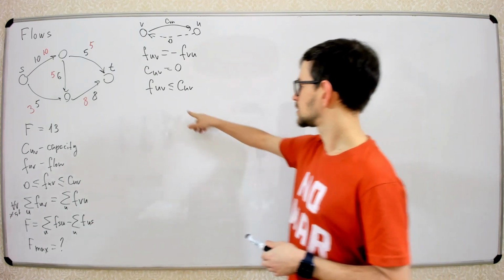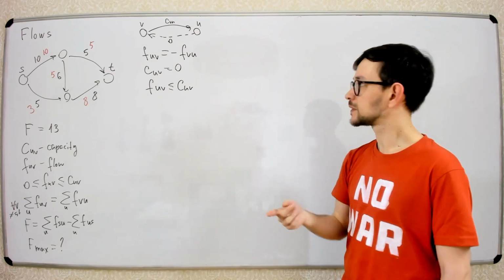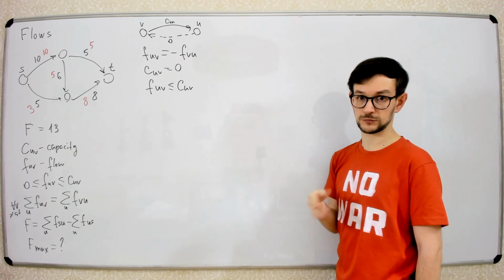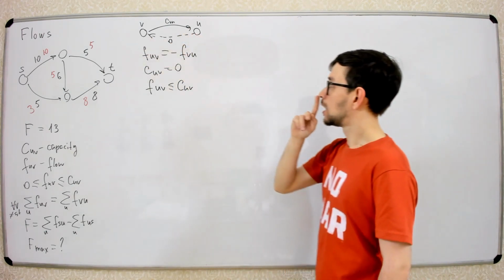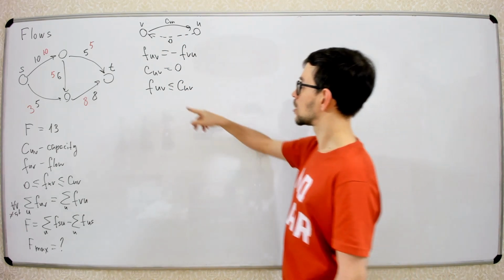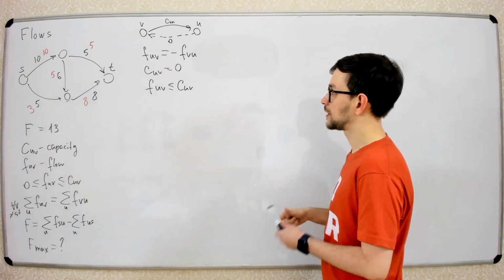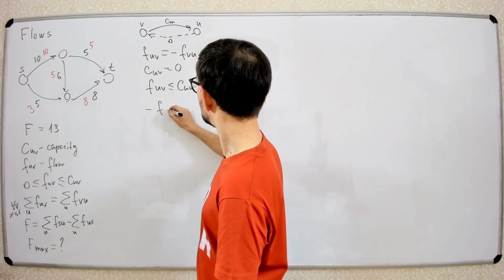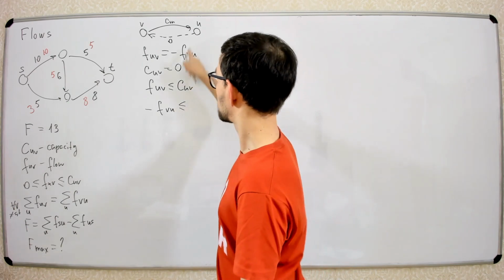Now, I didn't write that f_UV is non-negative because it may be negative. For this reverse edge, the flow will be negative usually, but for this forward edge, the flow will be non-negative. Why will it be non-negative? Because for this residual edge, the flow is equal to minus f_VU, and it should not be more than the capacity of this edge.